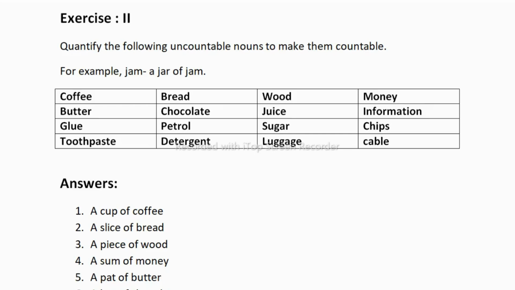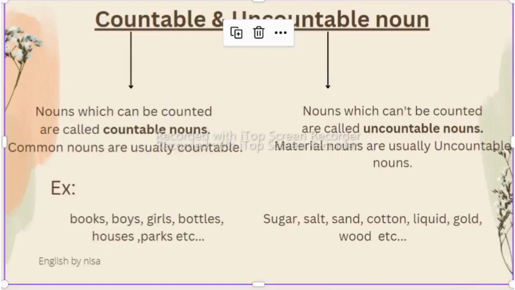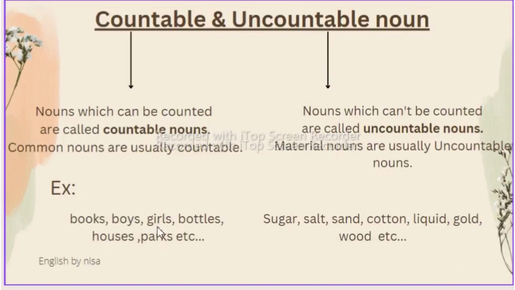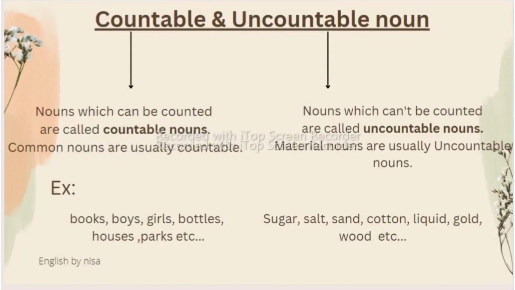Now let us see the second exercise where you have to quantify the following words. In the nouns video we have already discussed countable and uncountable nouns. The nouns which can be counted are called countable nouns, like common nouns are usually countable.